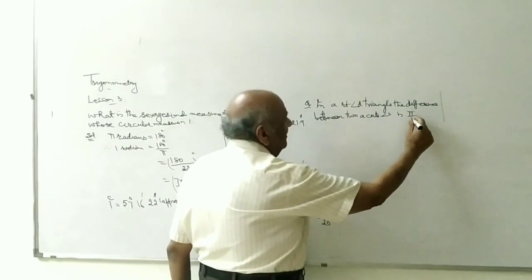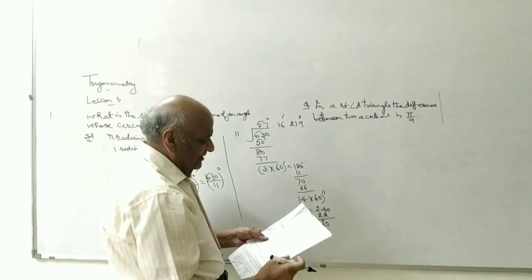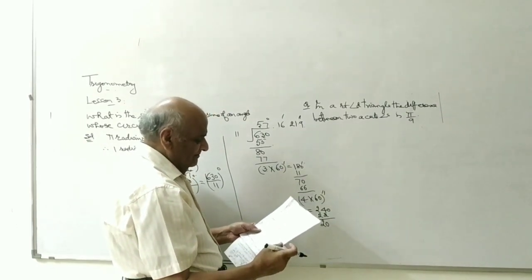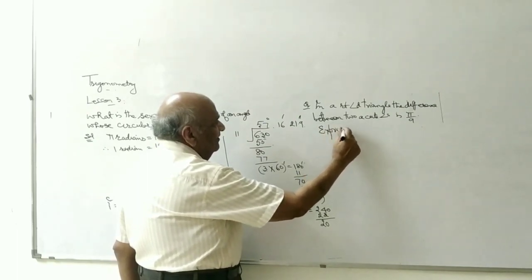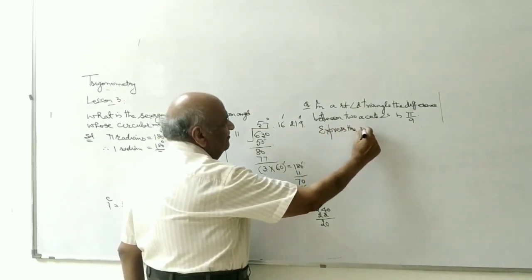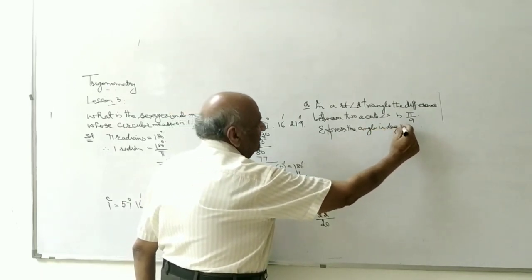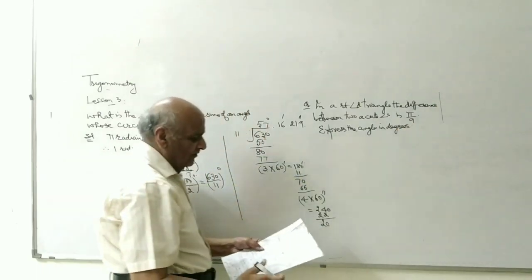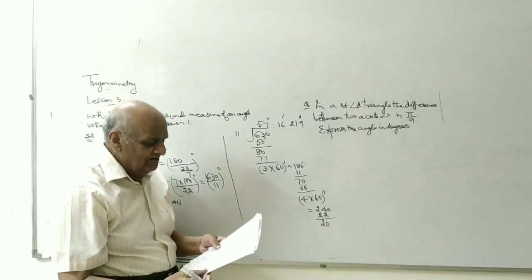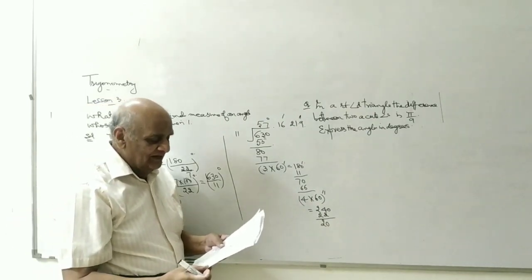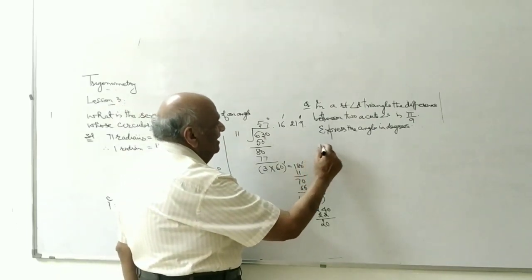This is in radians. We say express the angles in degrees. See now, this is the question. In a right angle triangle, the difference between two acute angles is pi by 9 in circular system. Express in degrees.